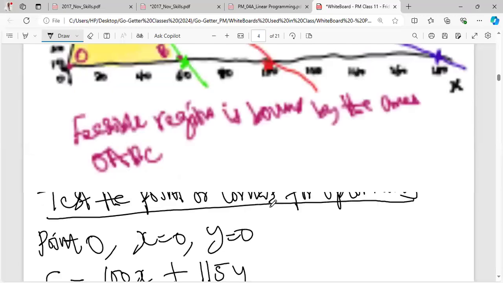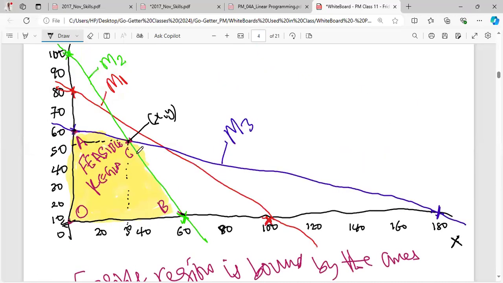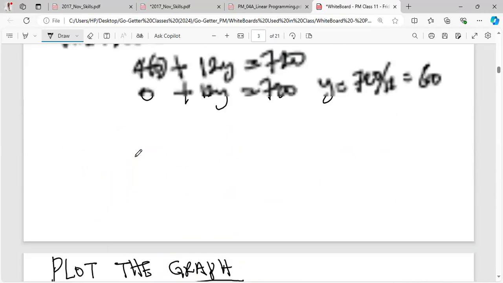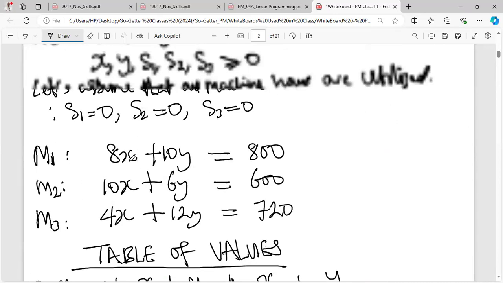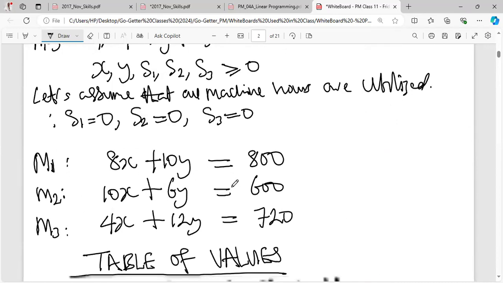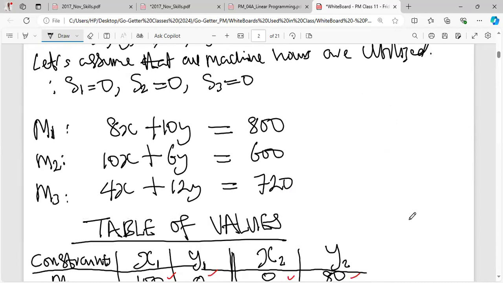So this is M2 and M3 that intersect at C. So what you do, you bring the equation for M2 and the equation for M3, and you will solve them simultaneously. All right, so let's solve M2 and M3.